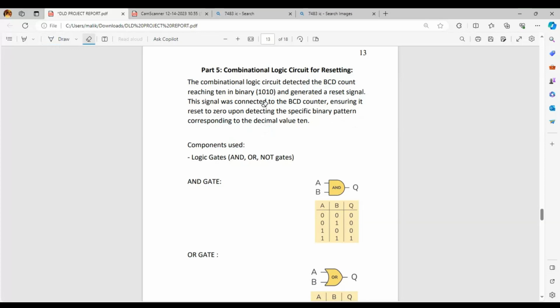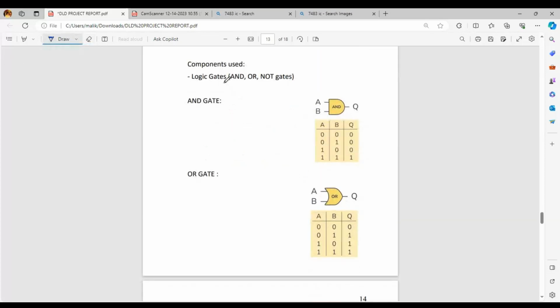We have designed a combinational circuit using logic gates to achieve this task. First, let us discuss the logic gates. The first one is the AND gate. The simplest key to understand this gate is that it only gives its output high when both inputs are high. If any one of the inputs is low, the output of the AND gate would be low.